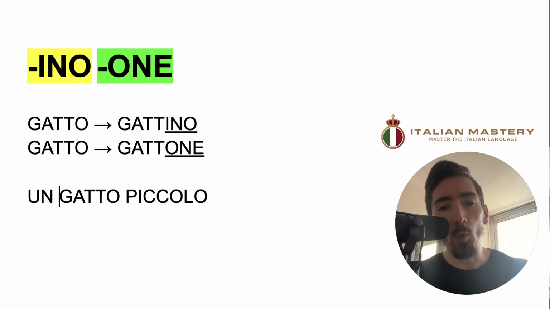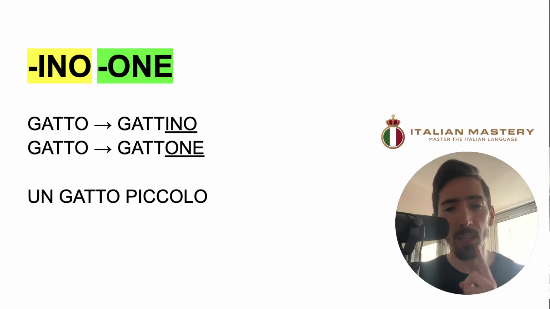In Italian, we can, of course, use the adjective in the same way as we do in many other languages, but we can also do something else. We can use alteration.